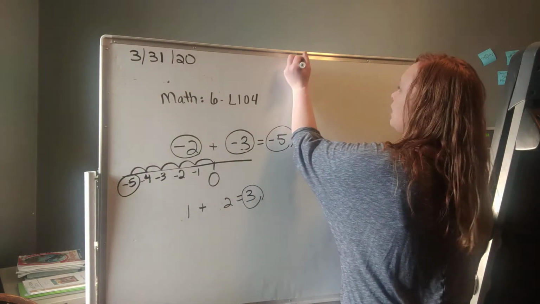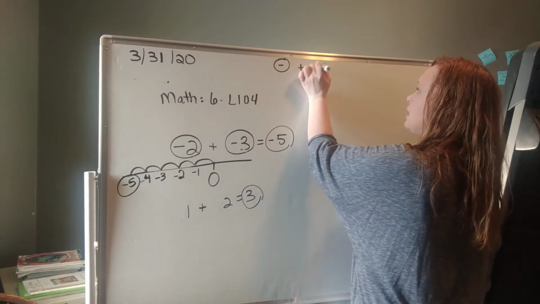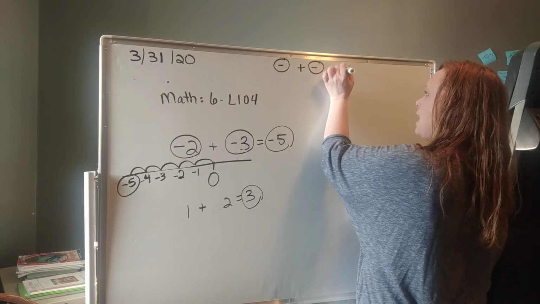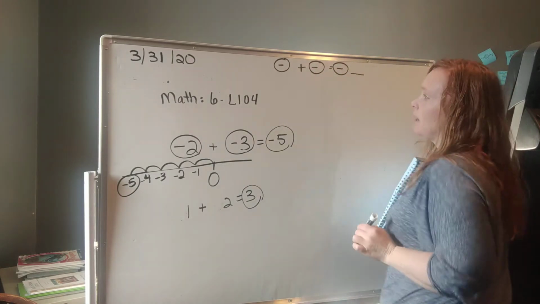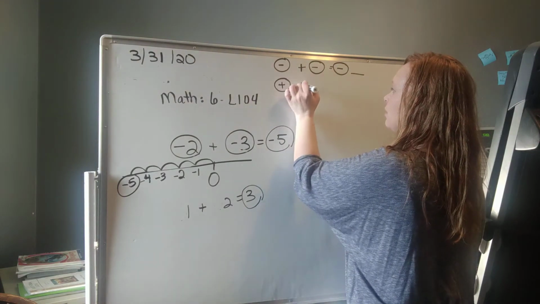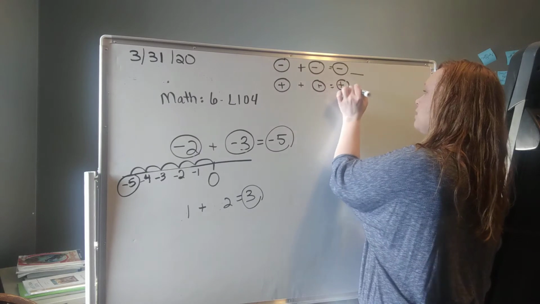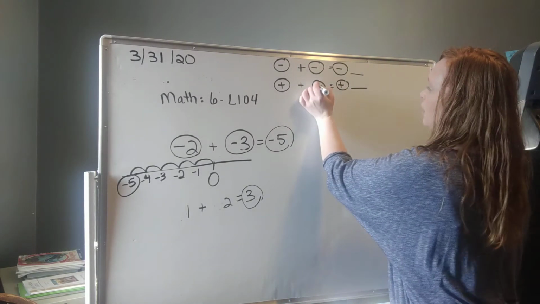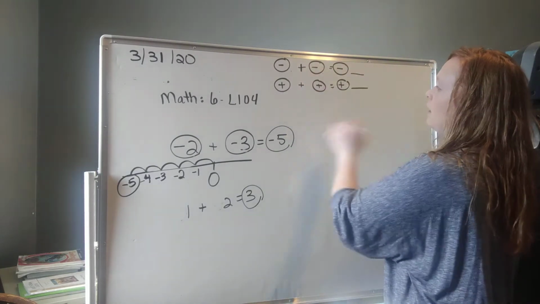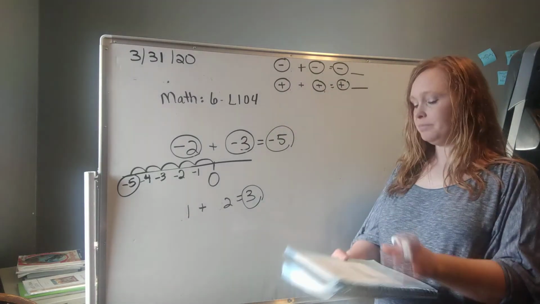If I'm adding a negative plus a negative, I'm going to get a negative answer. If I'm adding a positive number to a positive number, I'm going to get a positive answer. I add the numbers together, and that tells us which sign they get.